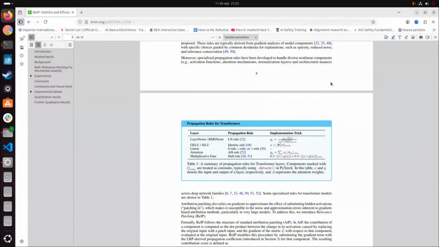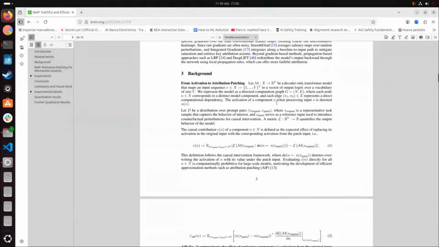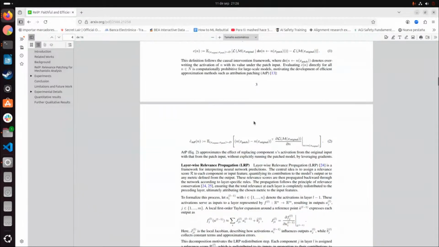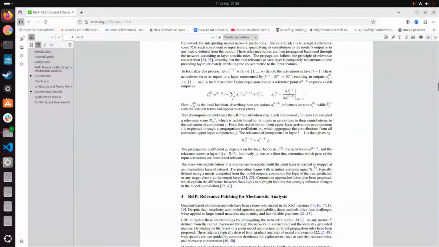So maybe I can see why, if you do some specific propagation rule for your activation functions or whatever, that might get better results. I don't think I really understand how this whole LRP thing works in terms of math right now, but yeah.